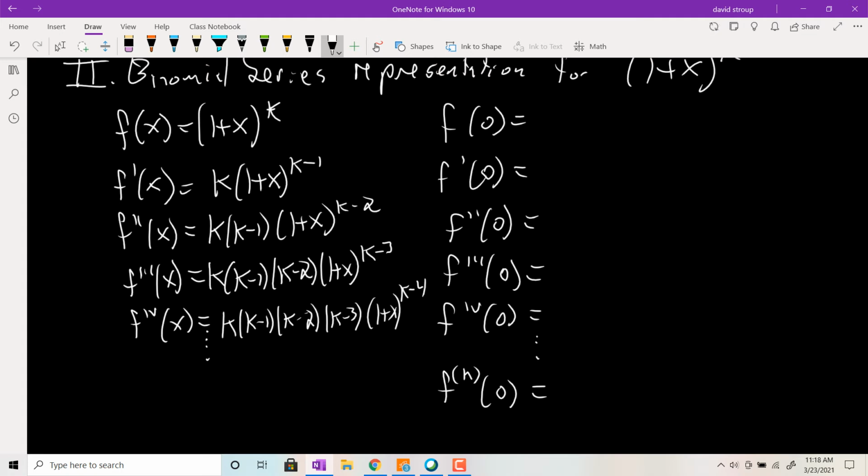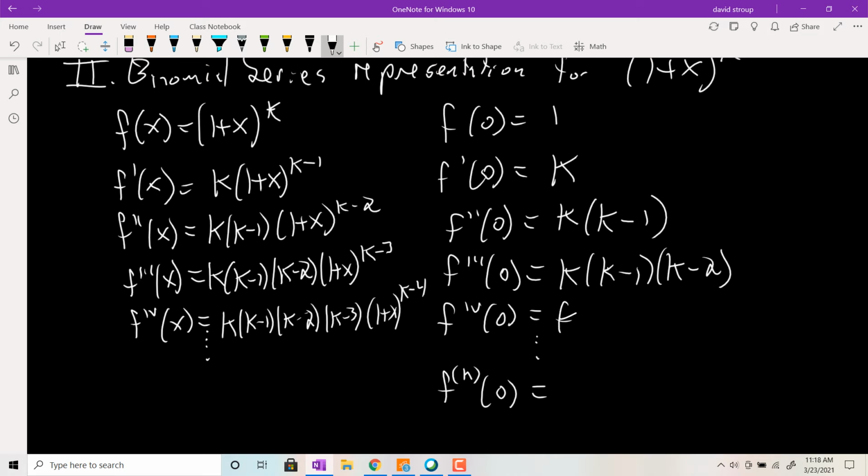If you plug in 0 for each one, you're always going to get 1 from that 1 plus x part. So that'll be 1, this will be k, this will be k times k minus 1, this will be k times k minus 1 times k minus 2, this will be k times k minus 1 times k minus 2 times k minus 3. So it's kind of like a factorial, but not quite.